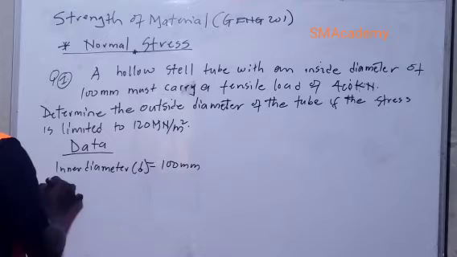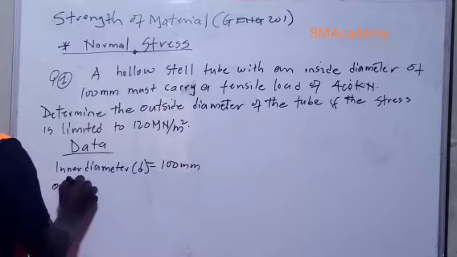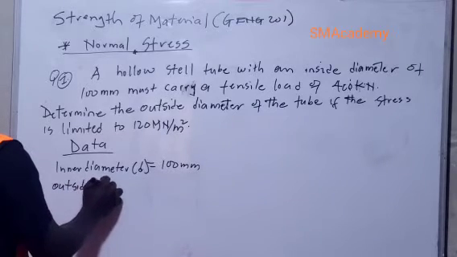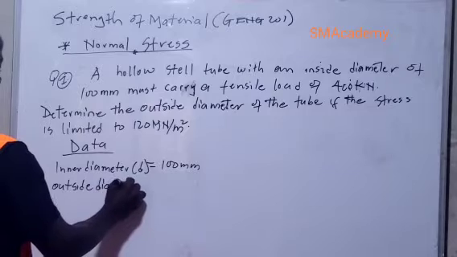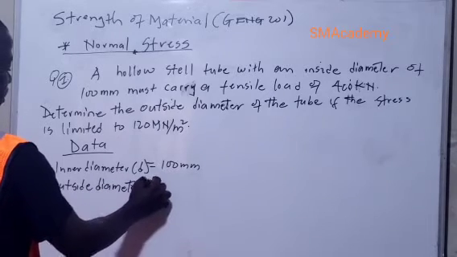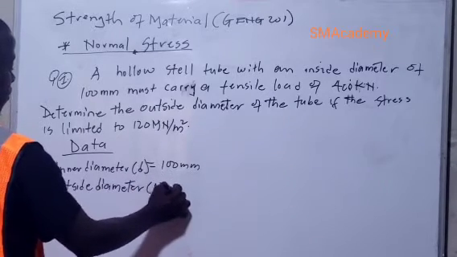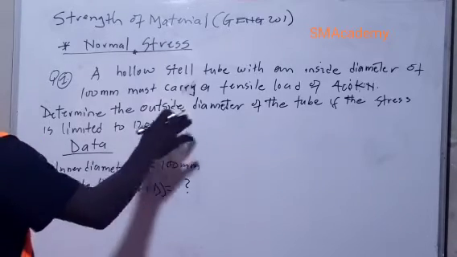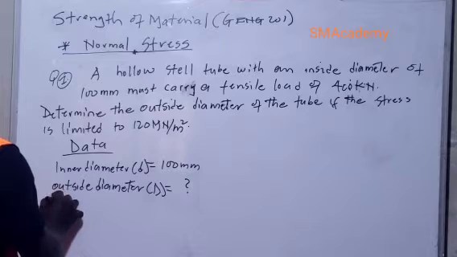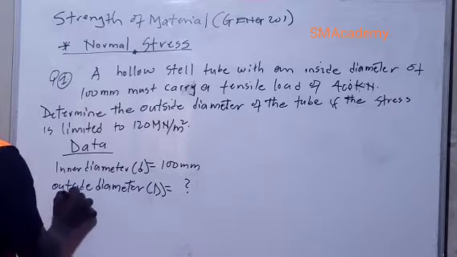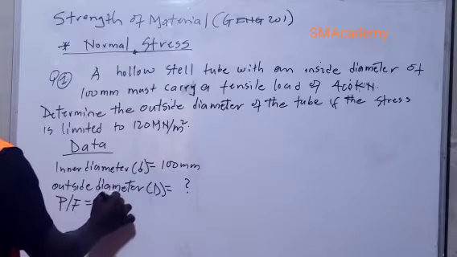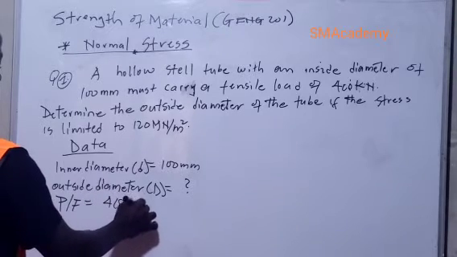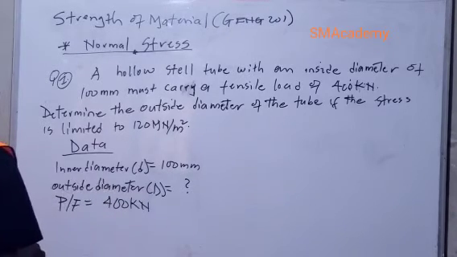Now the outside diameter represents capital D, which is the question mark. And now the force, P or F, represents 400 kilonewton.